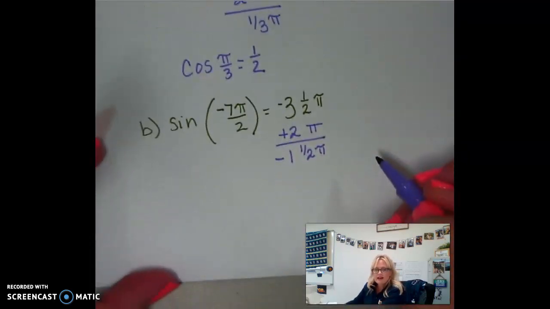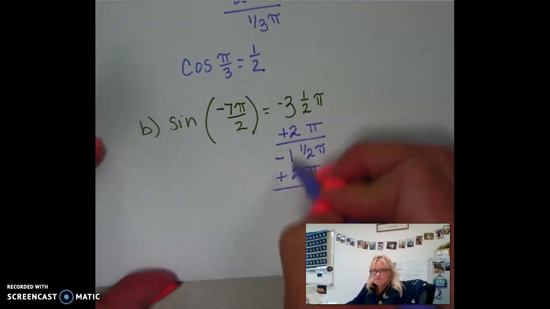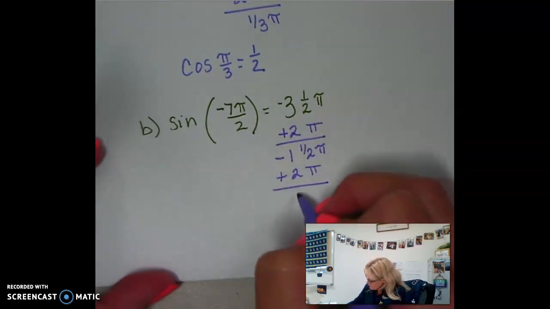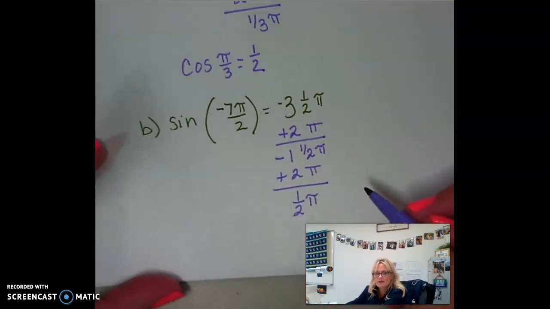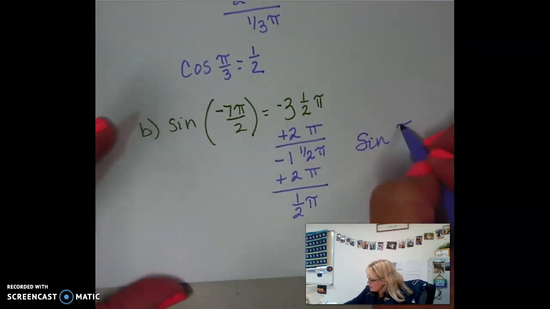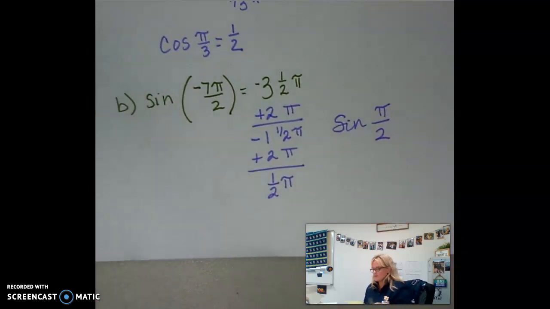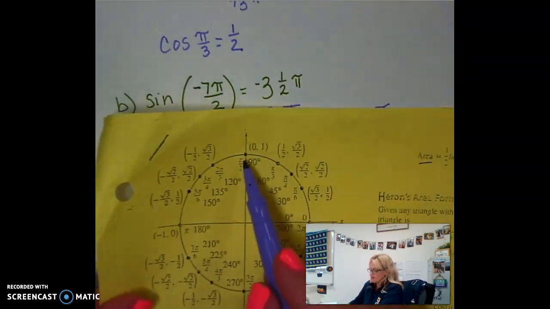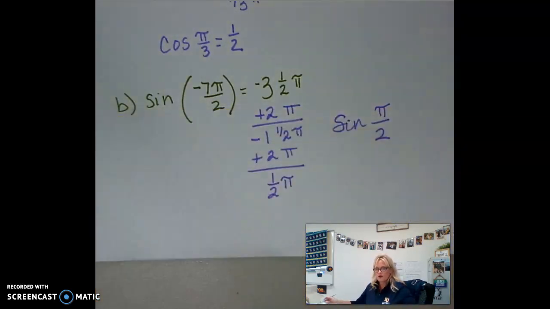So if I add 2 pi more, so I've actually added a total of 4 pi, now I'm in the positives. I'm between 0 and 2 pi. I can find the sine of half a pi, and when I take out my unit circle, I find half a pi. Sine is the y value, so the answer is 1.